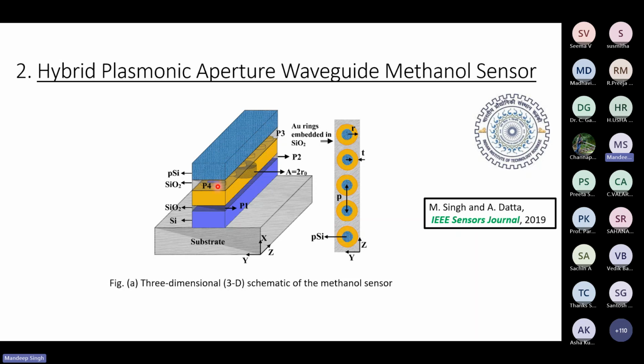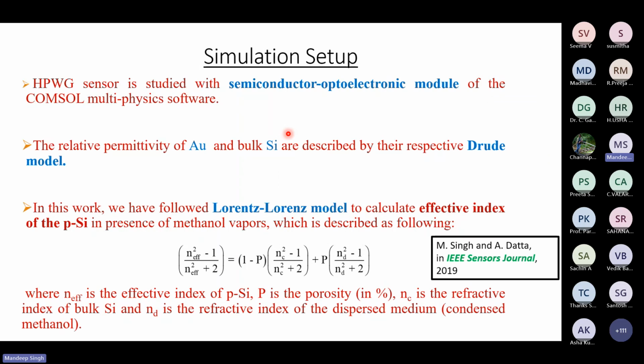We put these gold nano rings in the slot, so there will be an LSPR phenomenon, which improves the modes, and you get better intensity of light across the coupling port. This study we have also reported in this paper. One by one we will analyze, and how we do sensing we will discuss in this slide.